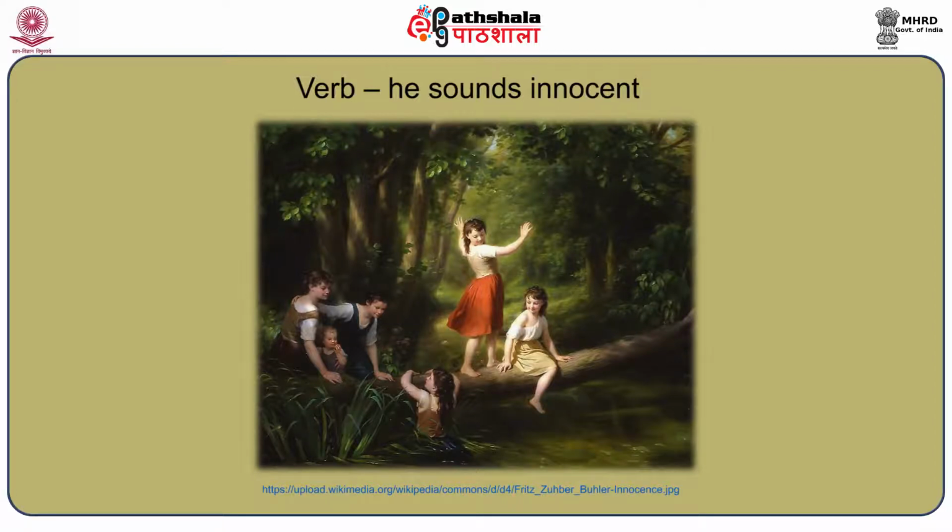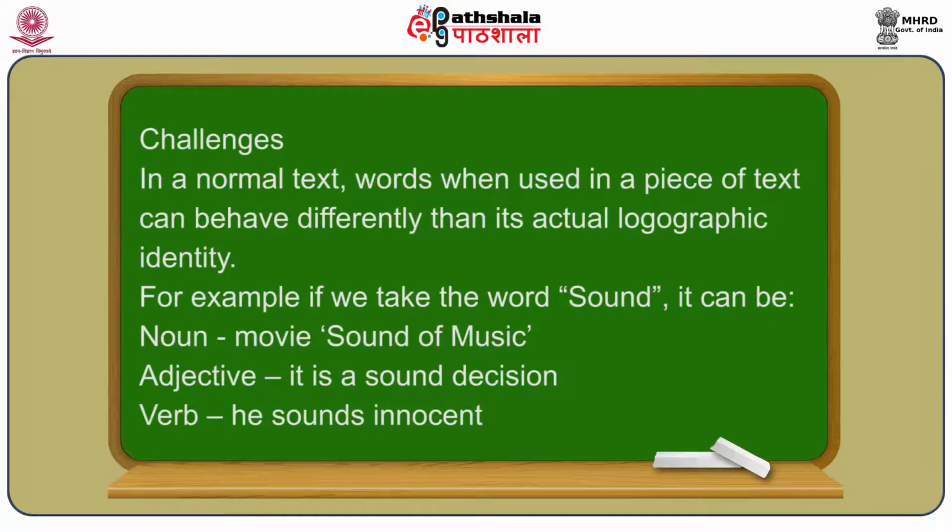So it appears that this particular word in one sentence is behaving like a noun, in another sentence like an adjective, in the third sentence like a verb. So we say that it is a noun, an adjective or a verb.